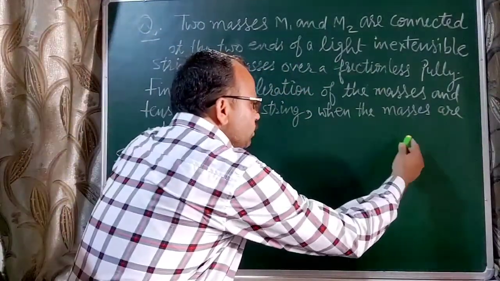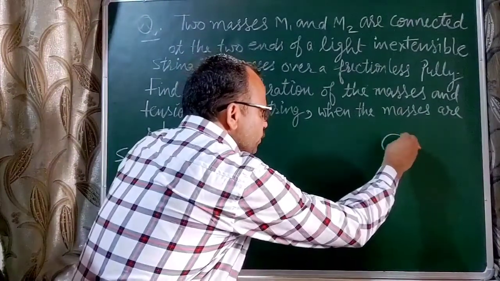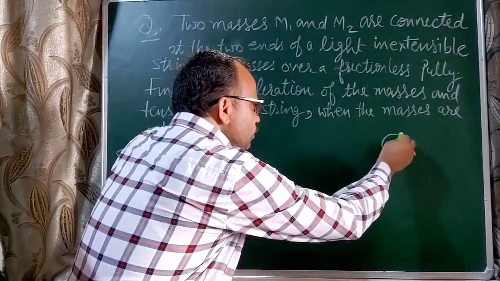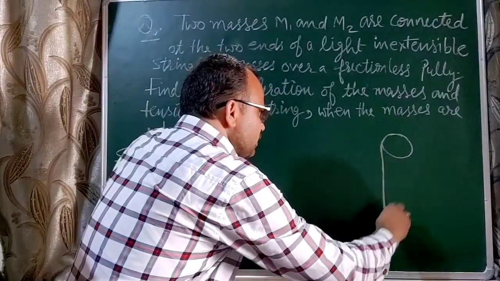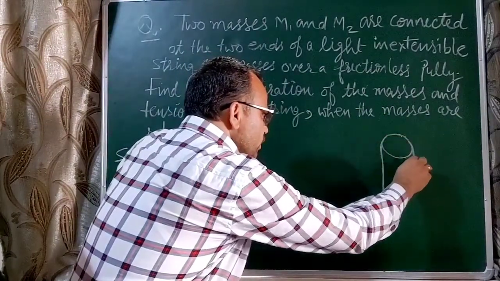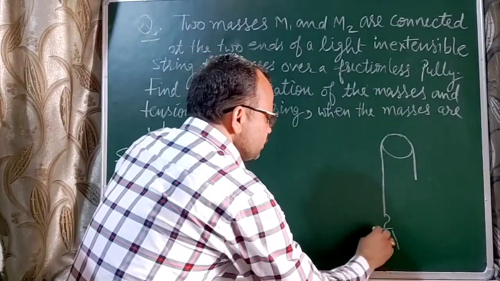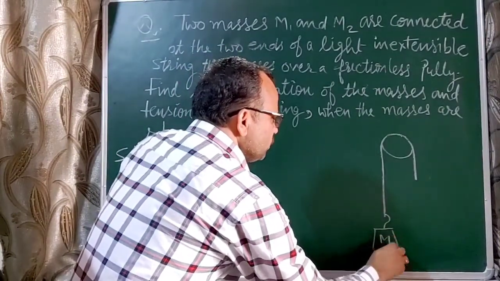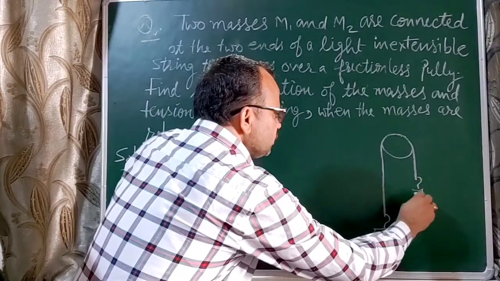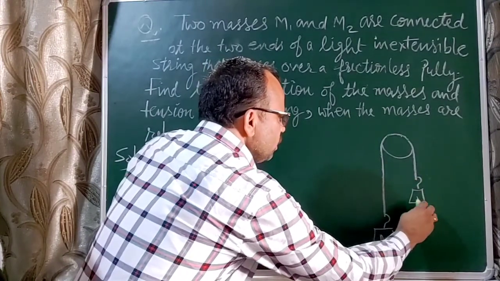Suppose this is a frictionless pulley, and over this pulley one string passes like this, and here one mass M1 is attached, and here another mass M2 is connected.